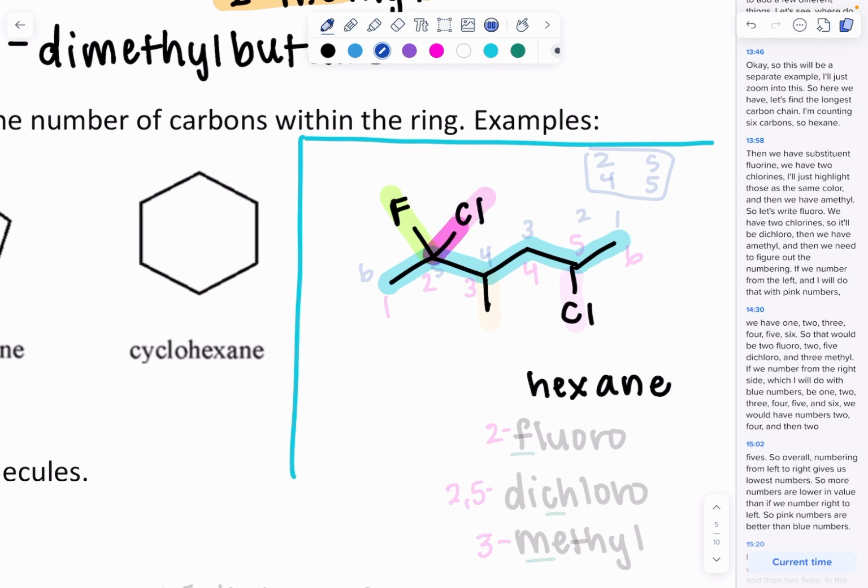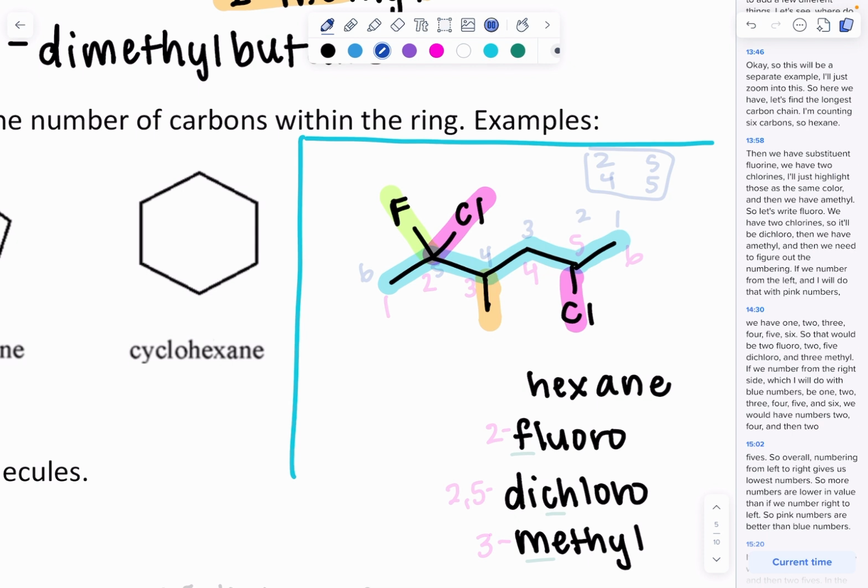I'll just highlight those as the same color. And then we have a methyl. So let's write fluoro. We have 2 chlorines, so that will be dichloro. Then we have a methyl. And then we need to figure out the numbering.